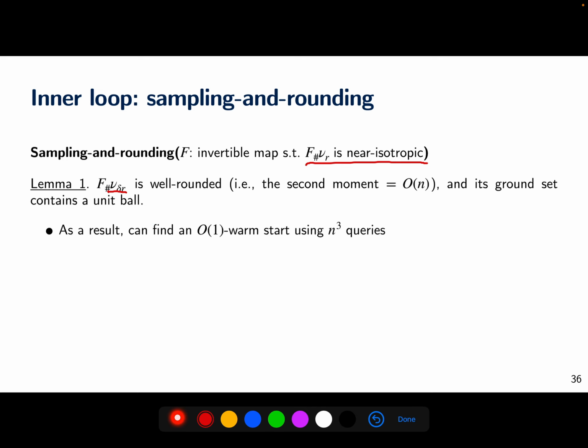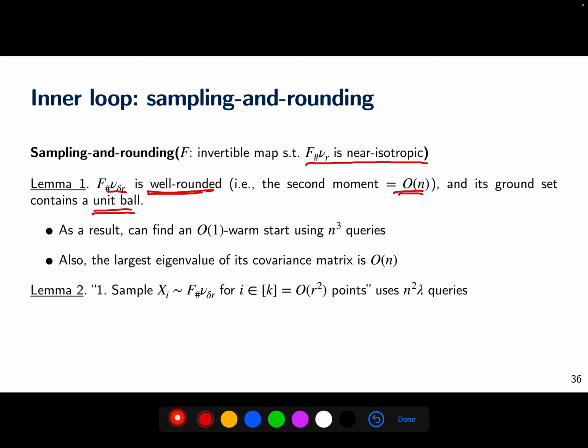In other words, your next distribution is not that skewed. Because of this uniform containment and well-roundedness, you can use our earlier tilted Gaussian cooling. We can generate a warm start using n cubed queries, right? And also because of this condition, the largest eigenvalue of the covariance is obviously bounded by n. Then the first line will use n squared times lambda many queries.